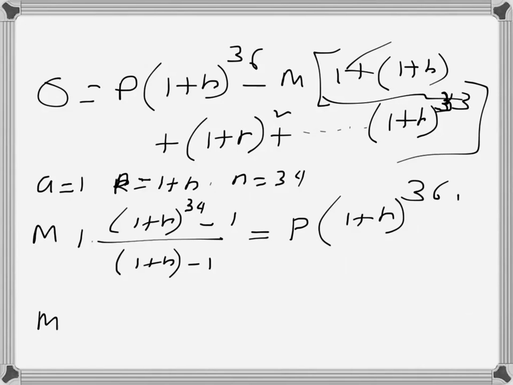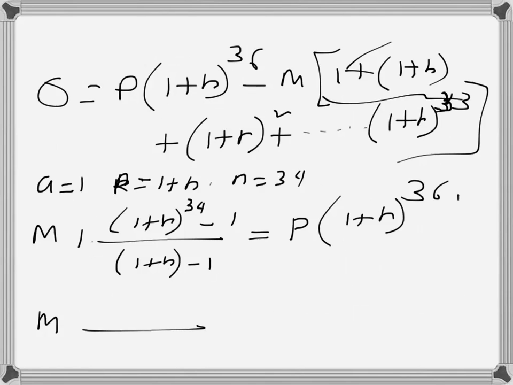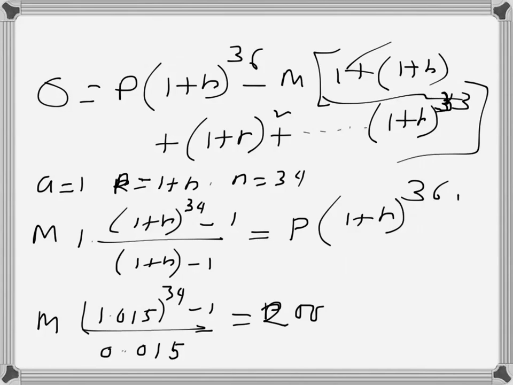So if I plug in the values, M is unknown, and this one will become (1.015 to the power 34 minus 1), and then 1.015 minus 1 is 0.015. On the right hand side, P is 2000, the amount borrowed or loaned, times 1.015 to the power 36.